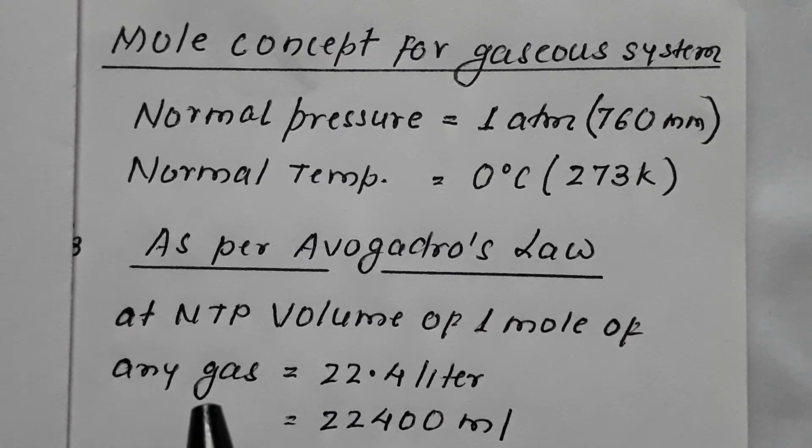At normal temperature pressure, the volume of 1 mole of any gas, irrespective of whether it is hydrogen, nitrogen, oxygen, carbon dioxide, SO2, etc., is 22.4 liter, that is 22400 ml.